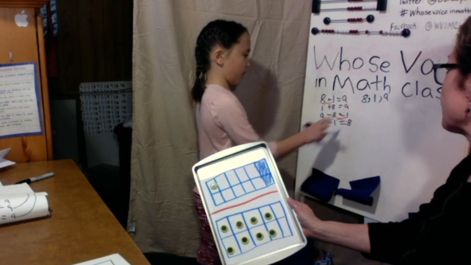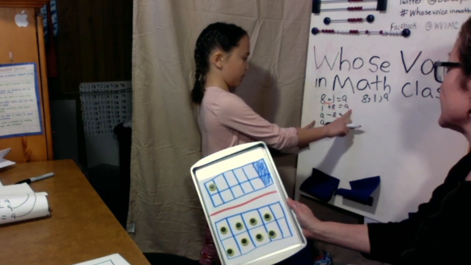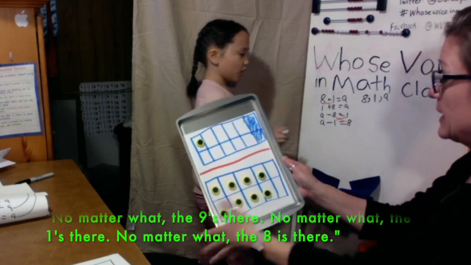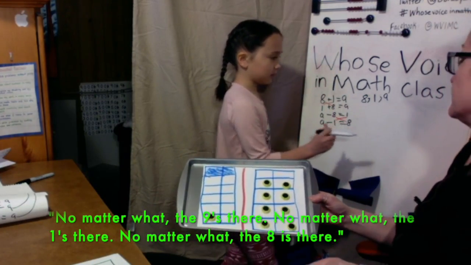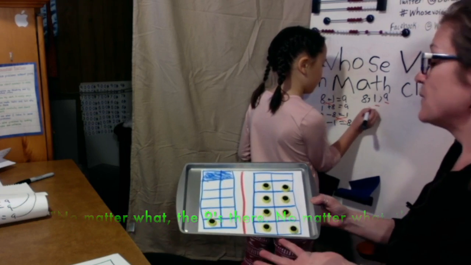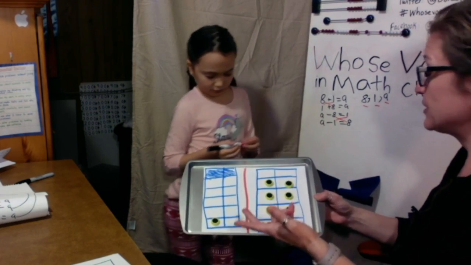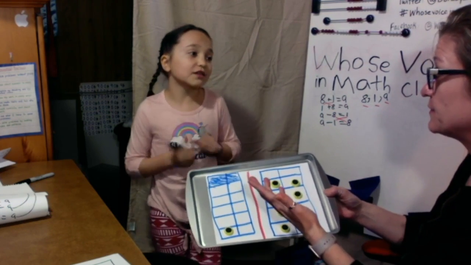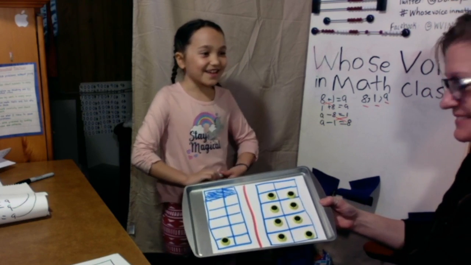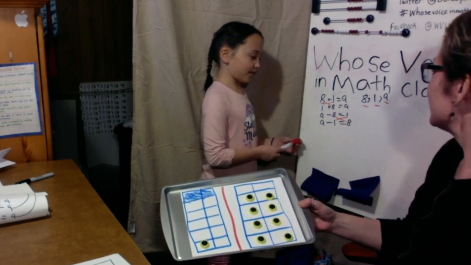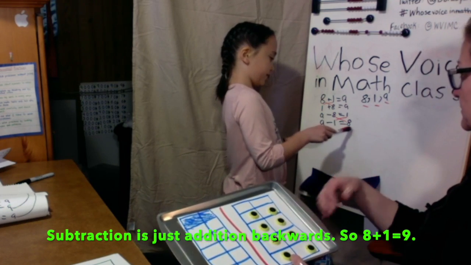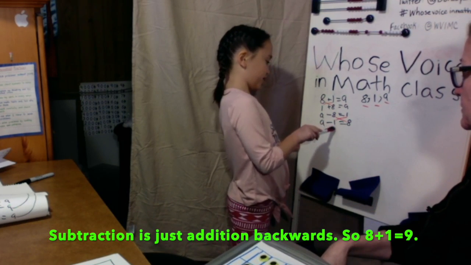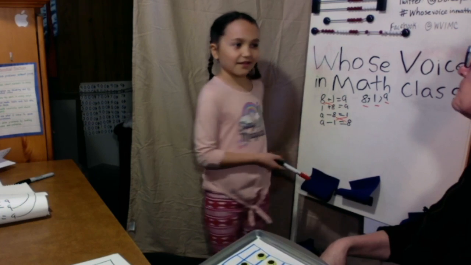I see these two there, and no matter what, the 9's there. No matter what, the 1's there, and no matter what, the 8 is there. Right. So that's why when we have a number family, as you're talking about, we only use those numbers. Also, something that I've noticed is subtraction is just addition backwards. So 8 plus 1 equals 9. Wow, that's pretty cool.